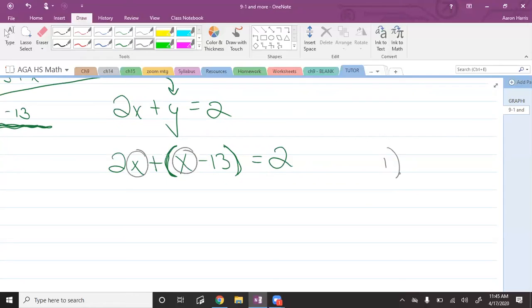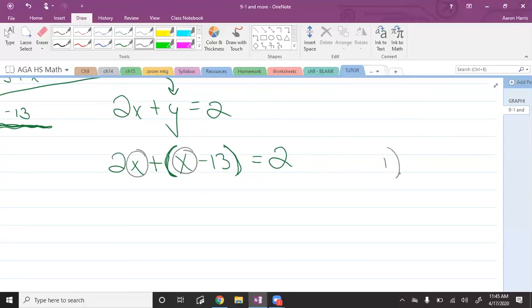So can I take x and subtract 13 from it? No, they're different, correct? Yes. All right. So x is in the x family. Negative 13 is a constant, so I can't subtract them, correct? Correct. All right. So nothing to do for PEMDAS. There's no exponents.